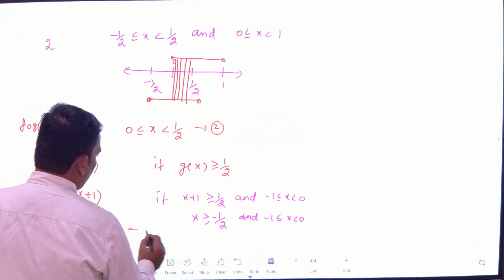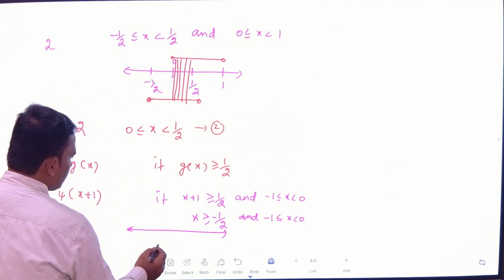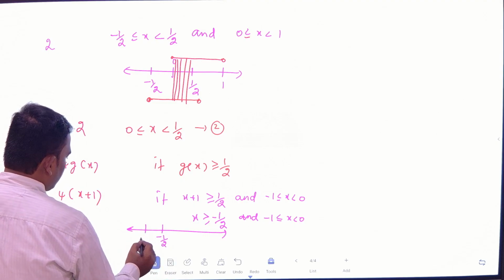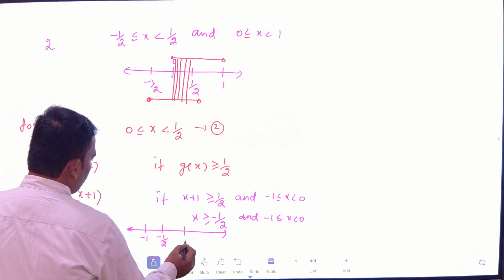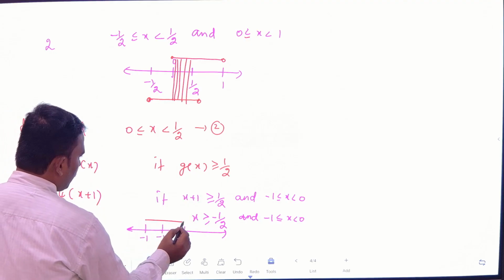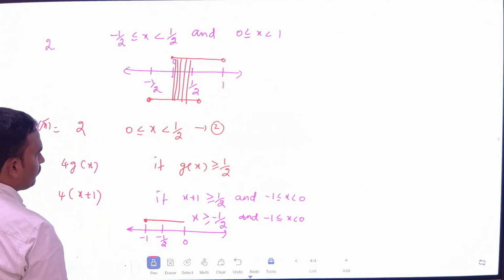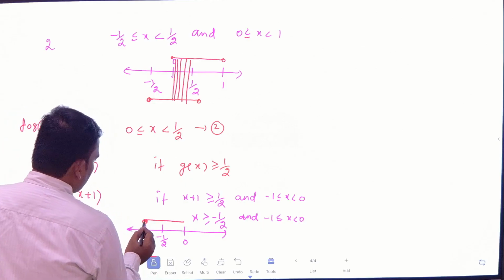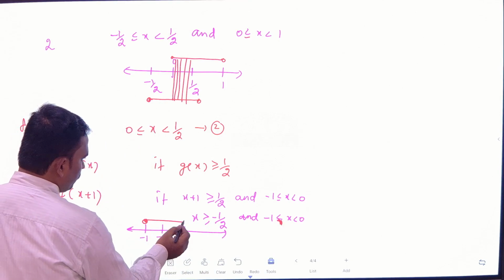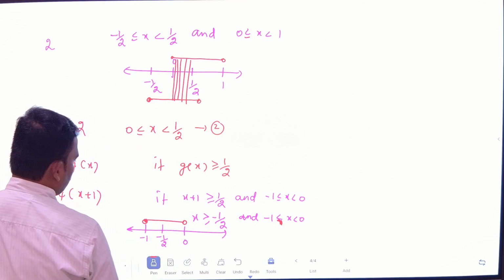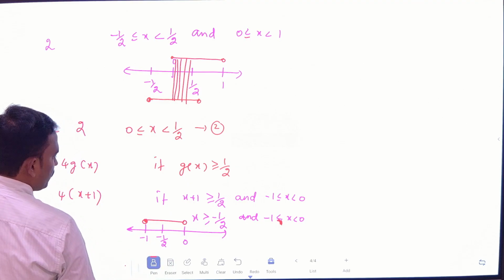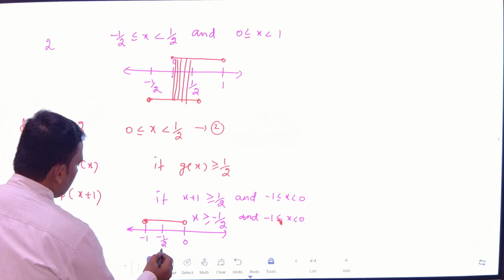In this case, is any common element there? Check quickly. This is minus 1 by 2, here is minus 1, this is 0. Minus 1 to 0, minus 1 is not included, so here you have to remove this. 0 is not included, and minus 1 by 2 to infinity.